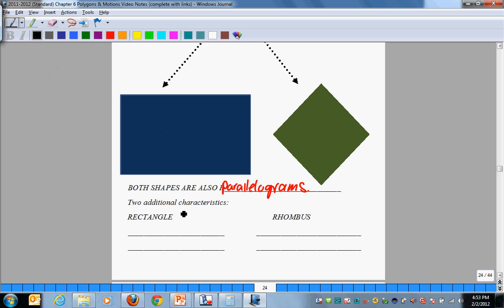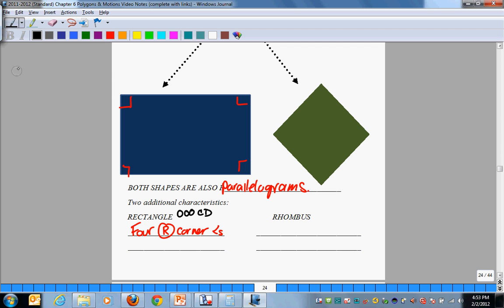So in a rectangle, you have the OCD qualities, opposite sides parallel, opposite angles congruent, and the like. But in addition, you have 4 right angles in the corner. That's one additional quality.